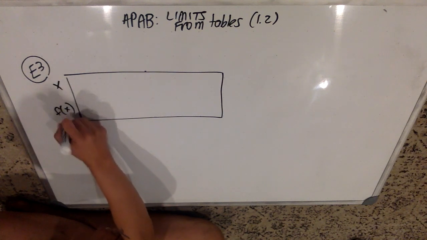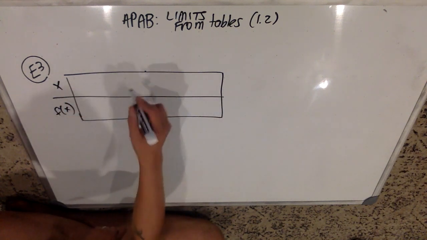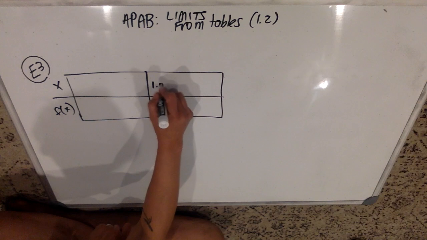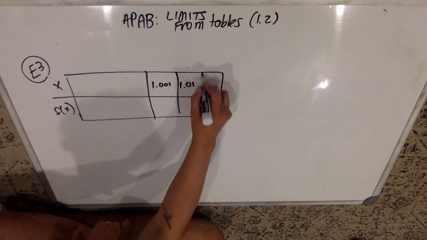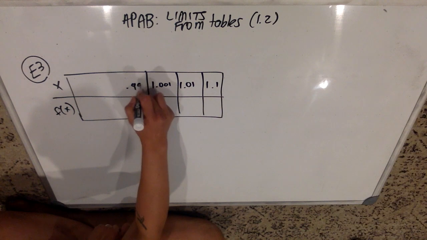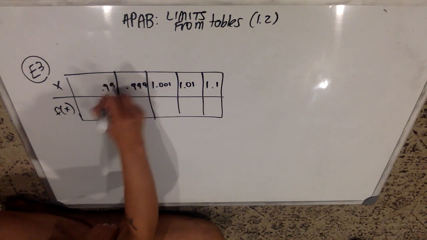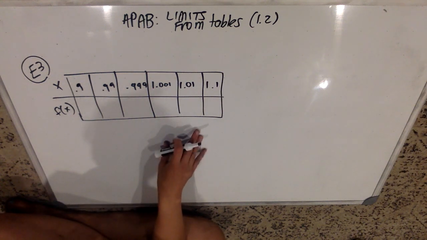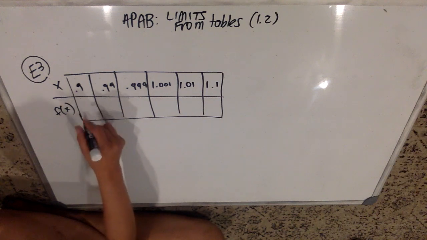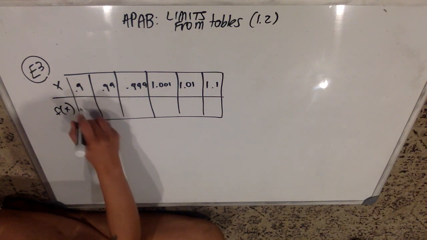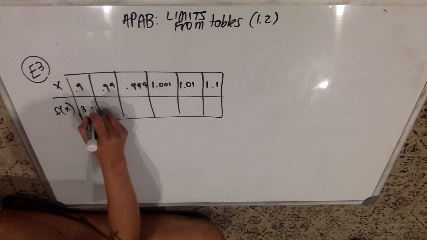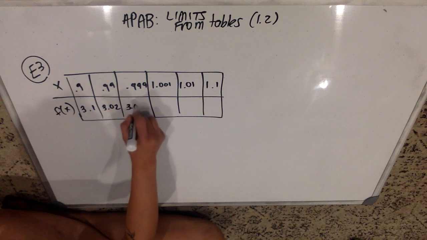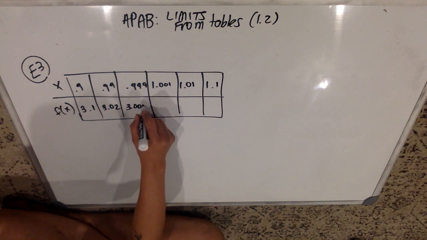So I think you're more likely to see something like x and f of x, right? And let's do 1.001, 1.01, 1.1, 0.999, 0.99, 0.9. And let's say 3.1, 3.02, 3.001.